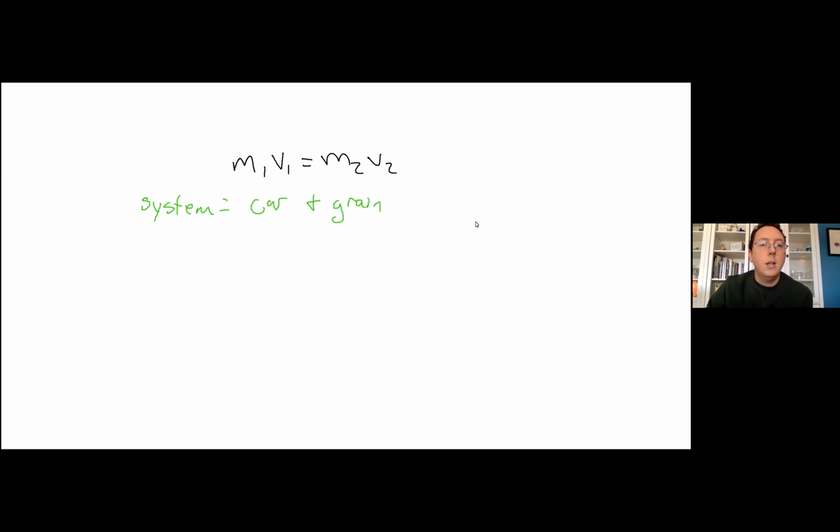Okay. So the momentum of the system would be the mass of the car times the velocity of the car plus the mass of the grain times the velocity of the grain.